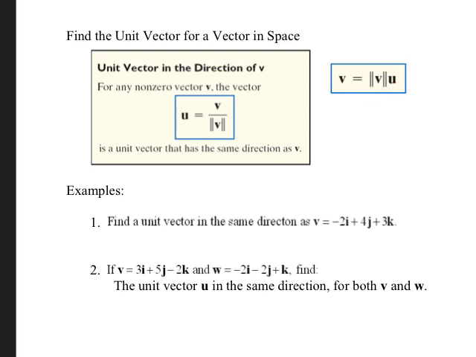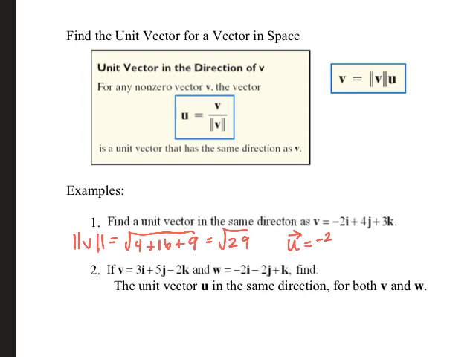So let's just do this first example together, and then you can do number 2 on your own. The first thing I'm going to do is find the magnitude of v, and that is the square root of 4 plus 16 plus 9, which is the square root of 29. So that means the unit vector u in the same direction as v is -2 divided by root 29.